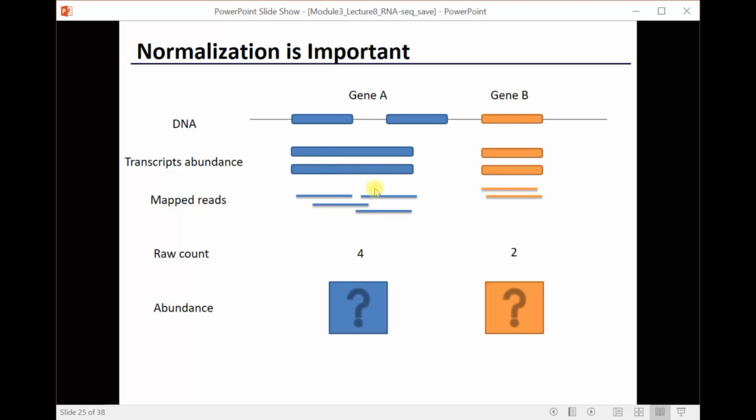The mapped reads for gene A will be 4, and for gene B will be 2, if we assume uniform random sampling. So the raw count for gene A is 4, and for gene B is 2. But does it mean that gene A abundance is twice that of gene B? Of course, the conclusion is wrong.